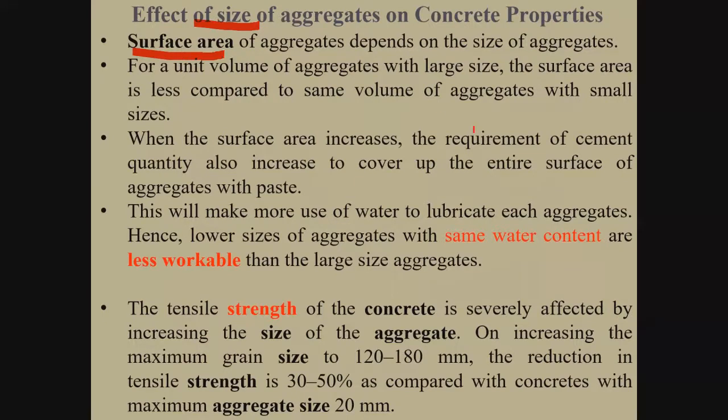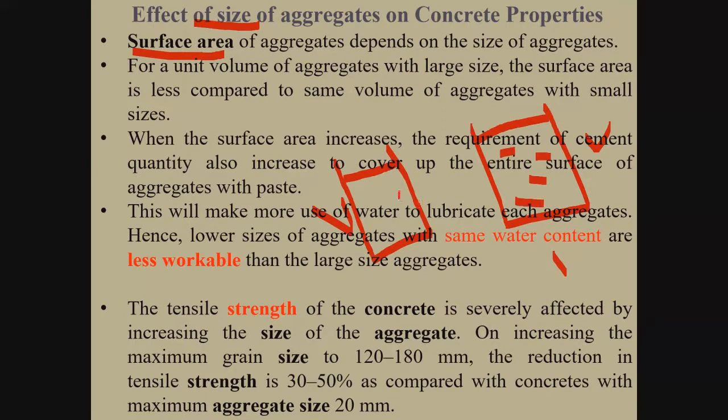Let's suppose this is a container of a known volume, capital V. This is another container, and the volume of which is also capital V. This container number 1 is filled with a coarse aggregate, and this container is filled with a fine aggregate. So under the same volume capital V, this container will have fewer aggregates and this container will have more aggregates.